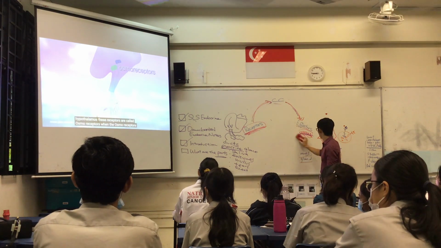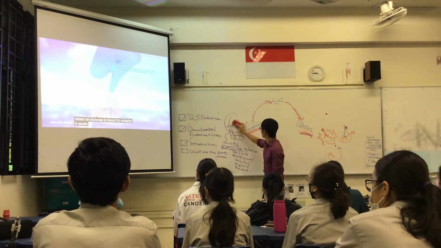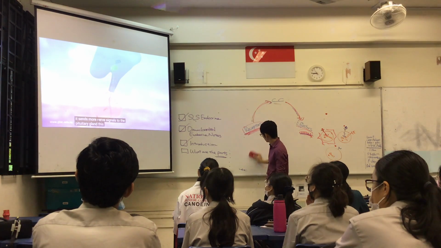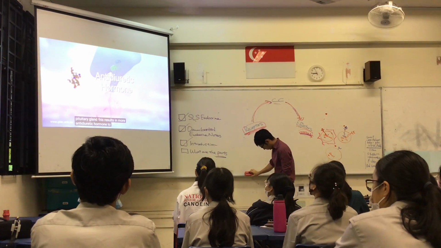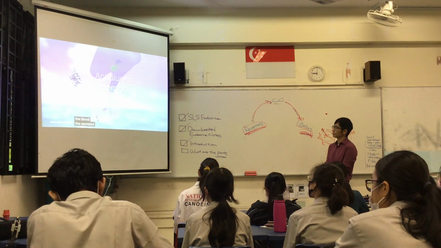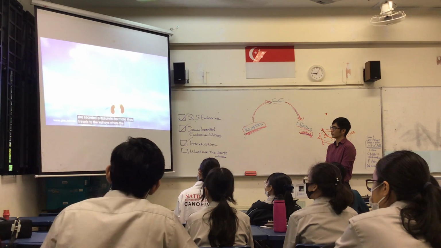When the osmoreceptors detect an increase in blood osmolarity, it sends more nerve signals to the pituitary gland. This results in more antidiuretic hormone to be secreted into the blood. The secreted antidiuretic hormone then travels to the kidneys where the nephrons are.